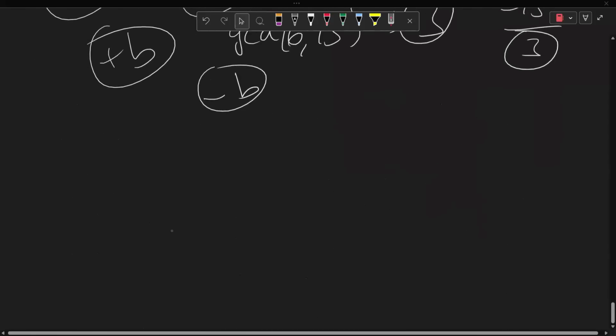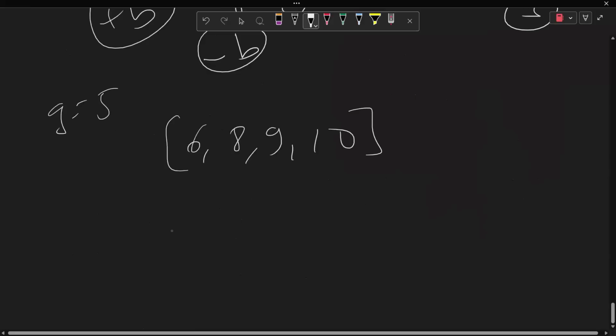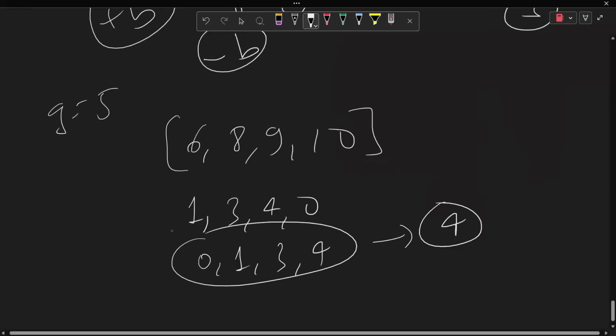Okay, like in this example, what I showed when we had 6, 8, 9, 10, your G was 5. I took modulo, it was 1, 3, 4, 0. I sorted them, it is 0, 1, 3, 4. So if you take this, your range would be 4.